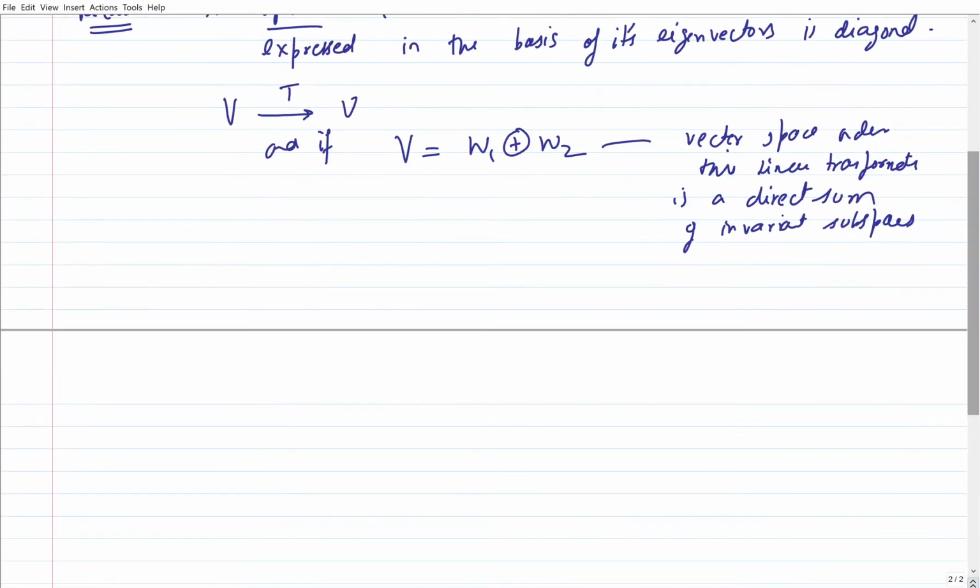Well, then the matrix of the linear transformation can be expressed in some block diagonal form.